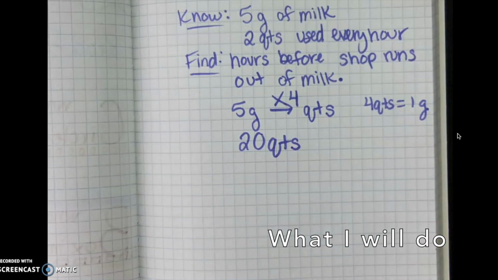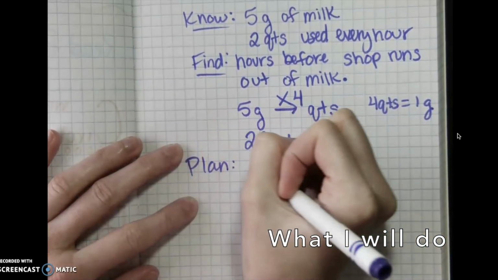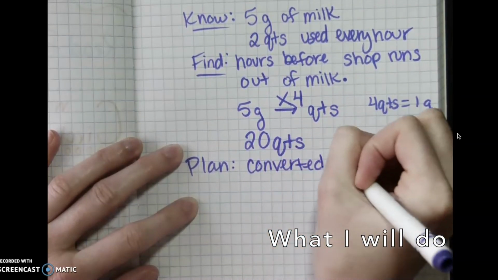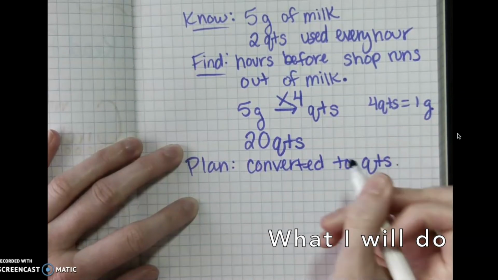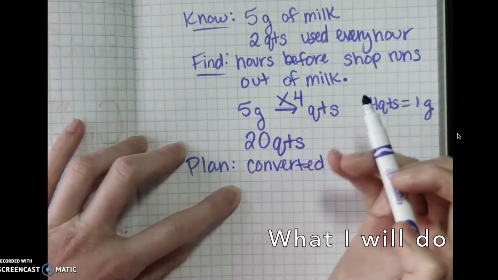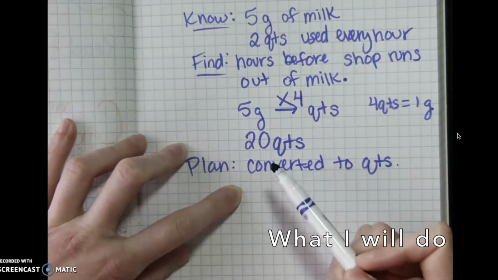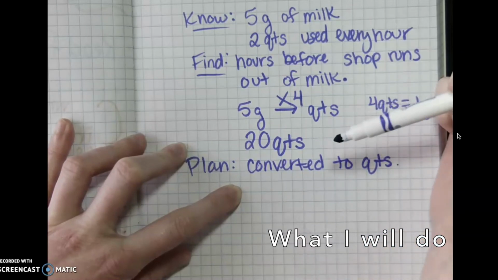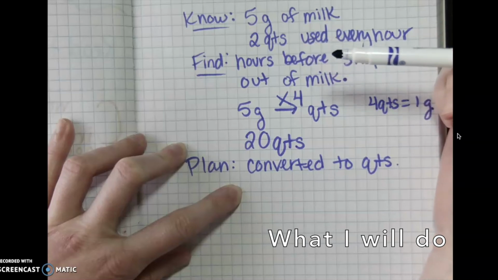Okay, so far what I've done with my plan is I have converted gallons to quarts, and now I'm going to figure out how many hours the shop can keep making drinks with milk. Because right here it says I have 20 quarts, but 2 quarts are used every single hour.